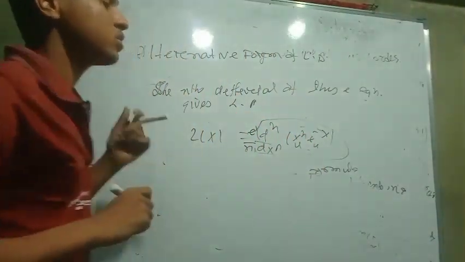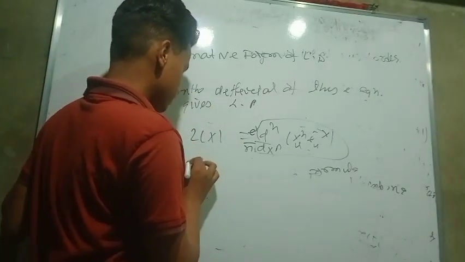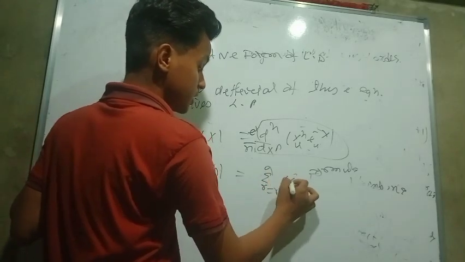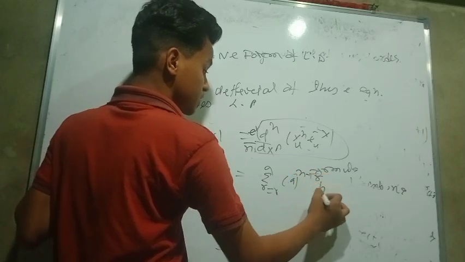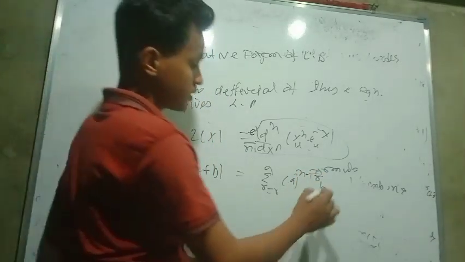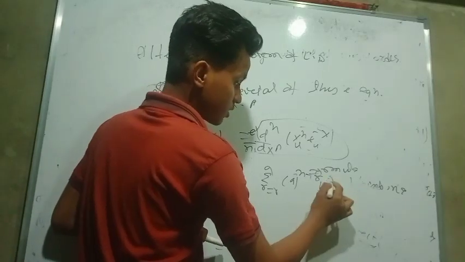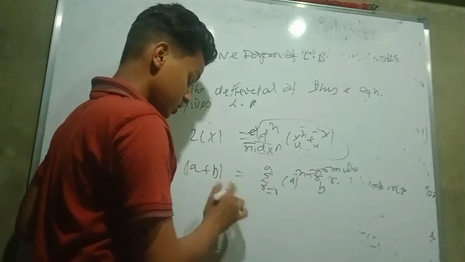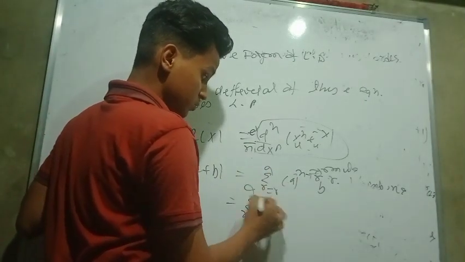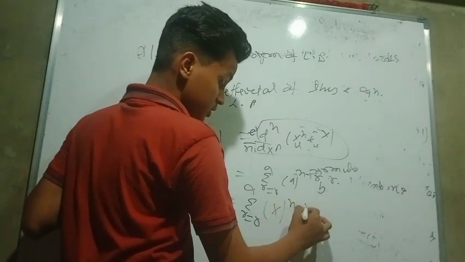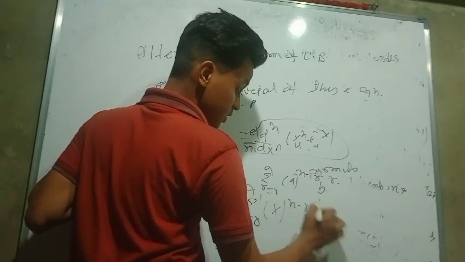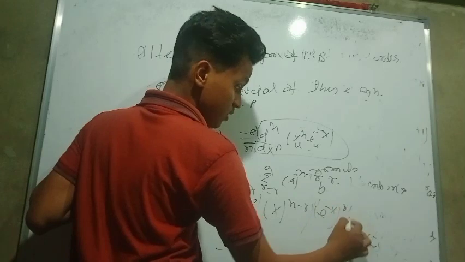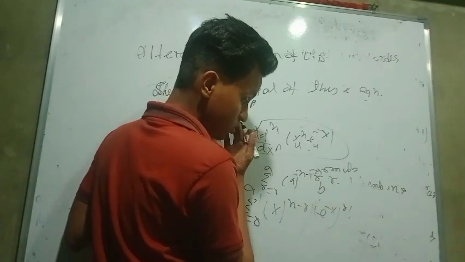We have seen in the binomial theorem in class 11 that (a plus b)^n is written as the summation, r from 0 to infinity, of nCr a to the power n minus r b to the power r, which is our formula. Similarly applying this we get the summation, r from 0 to infinity, of the differential of x to the power n minus r, and the differential of e to the power minus x to the r, and we expand it.